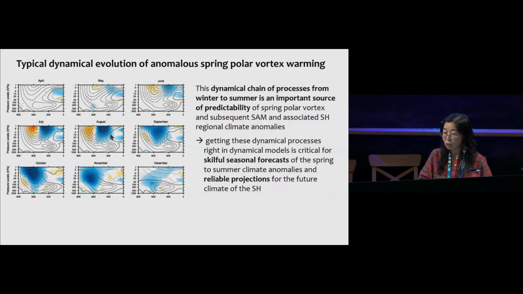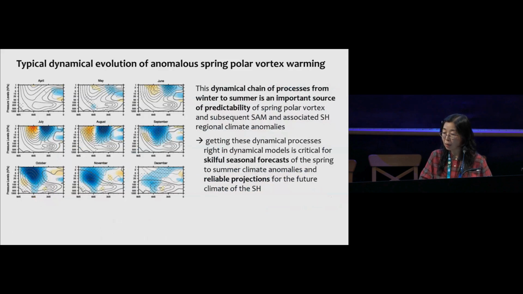So this dynamical chain of processes from winter to summer, from the top of the stratosphere to the surface, is an important source of predictability of the spring polar vortex and subsequent SAM and associated Southern Hemisphere regional climate anomalies.